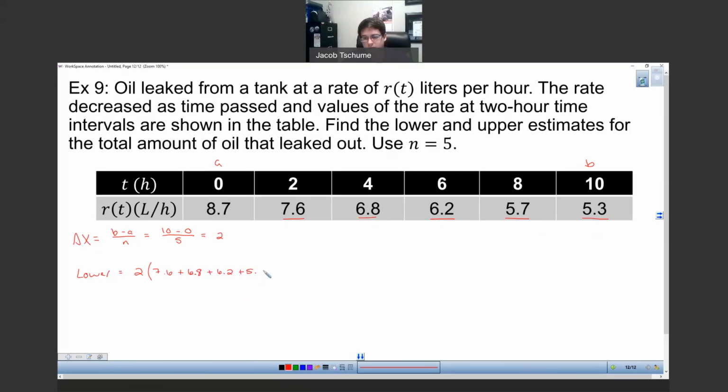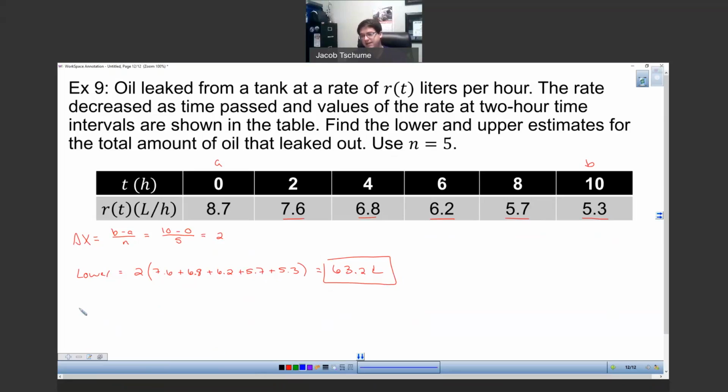And then I'm going to multiply that decimal by 2. This would end up giving me a lower estimate of 63.2 liters. But since the data was decreasing, our lower estimate actually became our right endpoint. So you have to pay attention to the data that's presented.